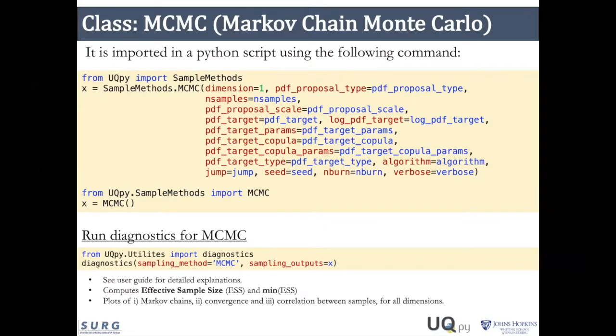The diagnostics compute, for example, the effective sample size. They also show you some plots of your Markov chains and convergence, which gives you a qualitative idea of how well you've done using MCMC. You can use those diagnostics to set the scale parameter, the burn-in, the jump, all those parameters that are important for the accuracy of your estimation.